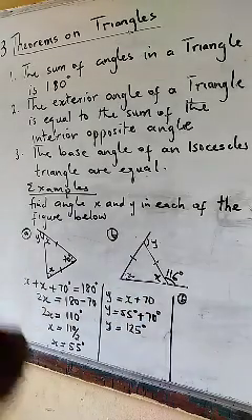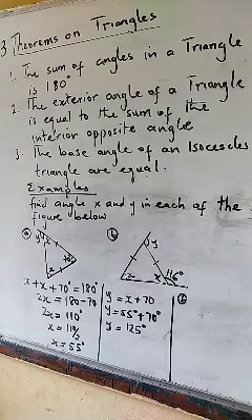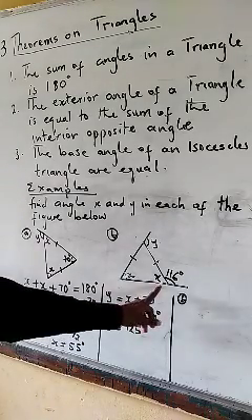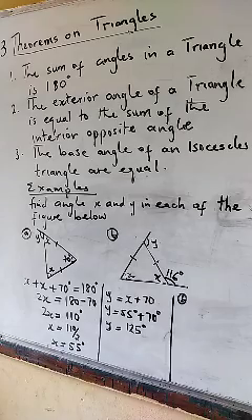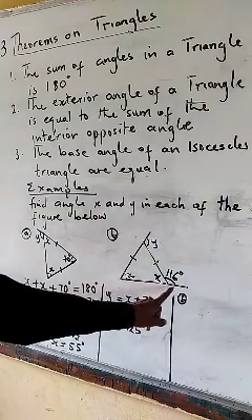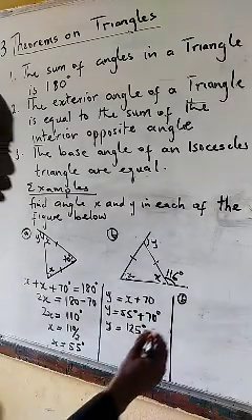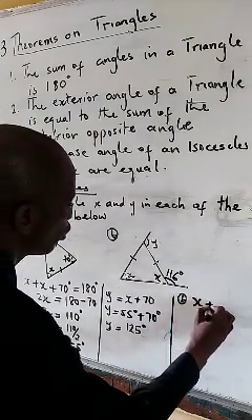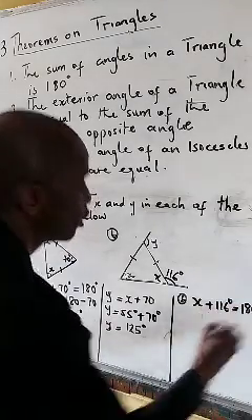When we look at the figure, we don't know our y. But we know that anytime you have a straight line, the sum of angles on a straight line is 180 degrees. That shows that the sum of these two angles here gives us 180. Therefore, x plus 116 equals 180 degrees.